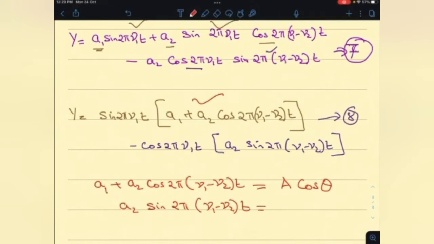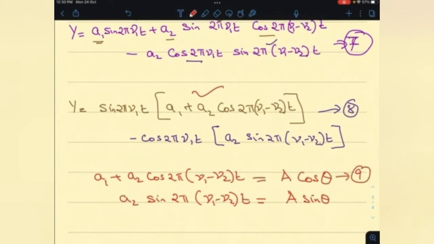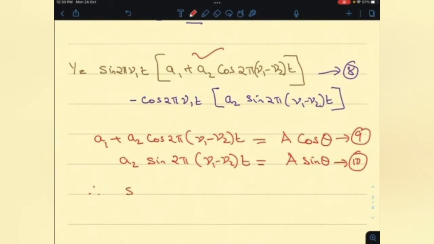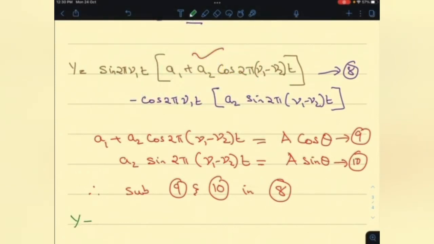Therefore, substituting 9 and 10 in 8, what will that equation look like? y is equal to sin 2 pi nu 1 t, so this I am going to put as A cos theta, minus, this is A sin theta, so I am going to write it here as A sin theta into cos 2 pi nu 1 t.